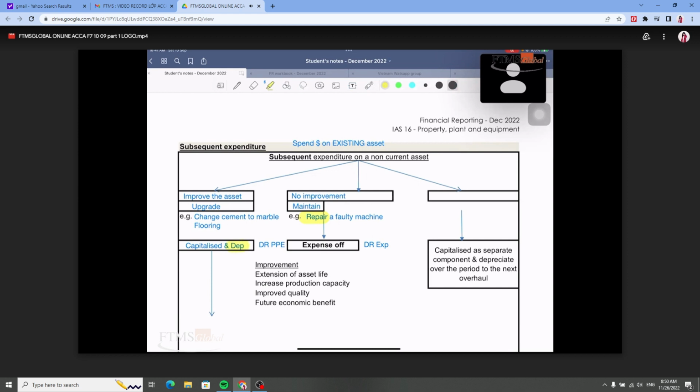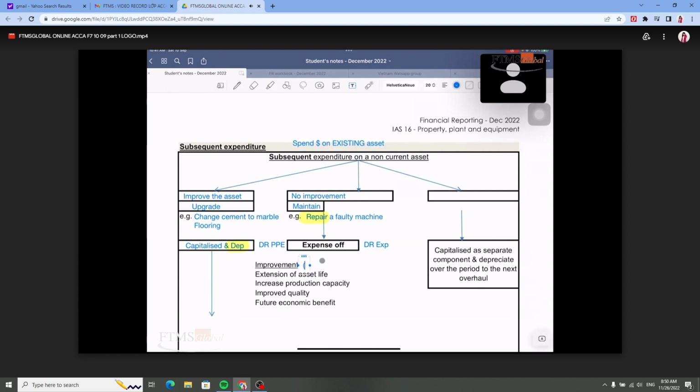Now, of course, your exam will not be so friendly as to tell you there's improvement or there's no improvement. They will give you some scenario, then you need to decide whether there's improvement or no improvement. What you see over here are some scenarios that tell you there's improvement. I call this the evidence.